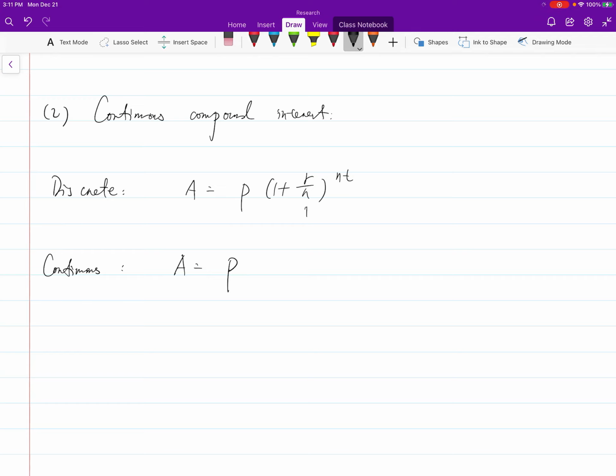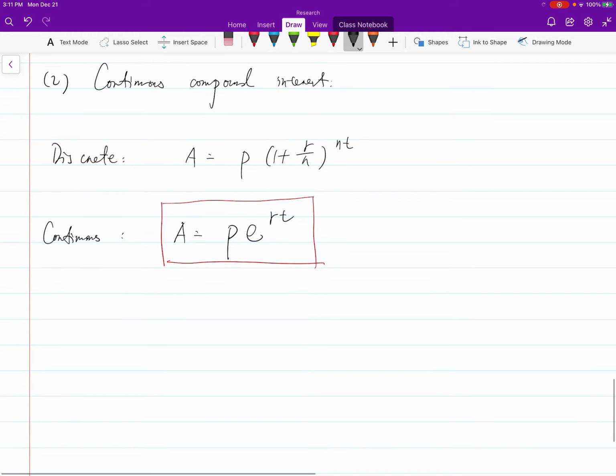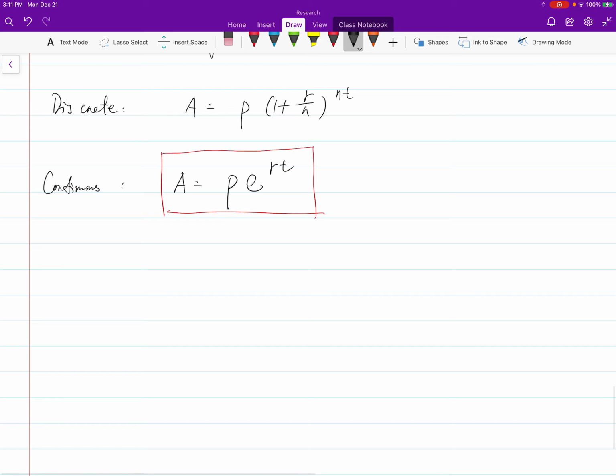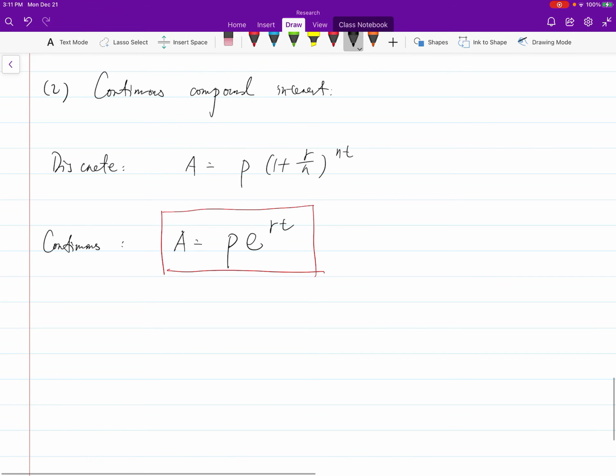Now we let n go to infinity. We already know the limit, so cleaning things up, we have this final formula. So next time in a problem, if you see a discrete one and you were given seasonally or monthly, you go with discrete. But if we tell you it's a continuous growth model, you should use this formula instead. That's the continuous compound interest.